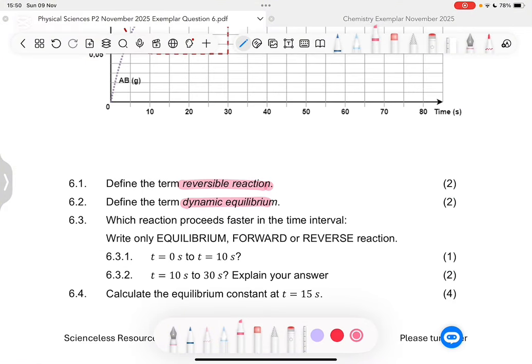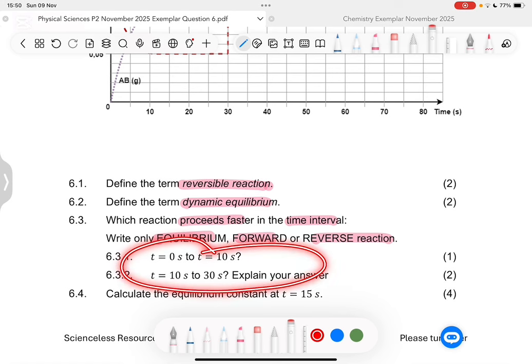Going to the next question, 6.3. It says here, which reaction proceeds faster in the time interval? They say here, write only equilibrium, forward, or reverse reaction. So we want to see in the given time intervals here, which reaction is actually proceeding faster.